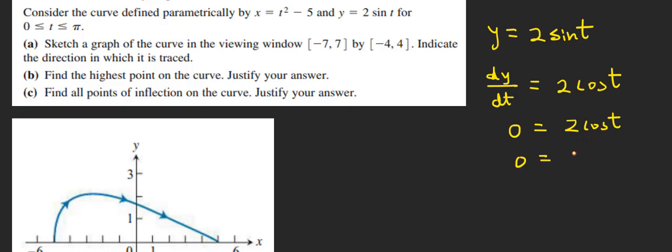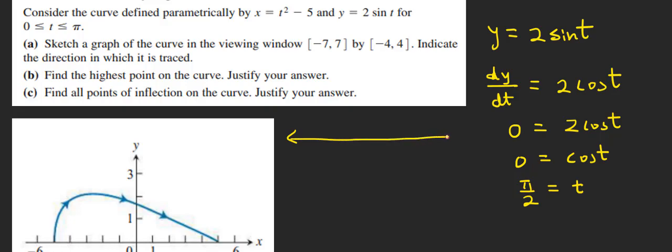You're going to get 0 equals cosine t. Now, notice the domain of t is 0 to pi. So cosine of what gives you 0 from 0 to pi? Well, that's when t is equal to pi over 2, because cosine of pi over 2 is 0.